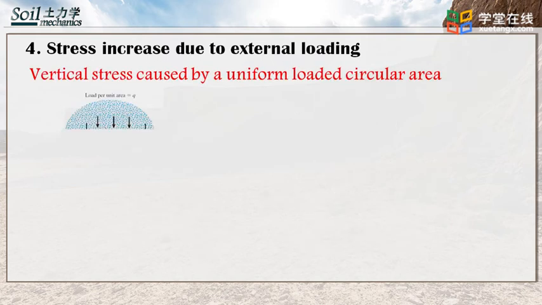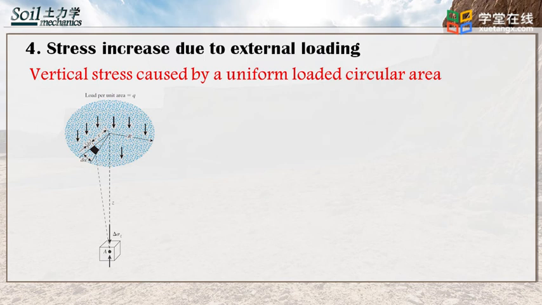Similarly, the expression for the vertical stress below the center of uniformly loaded circular area can also be derived. Let the intensity of the pressure on the circular area of radius R be equal to Q, the total load on the elemental area, which is shaded in the figure, equals Q R dr d alpha.